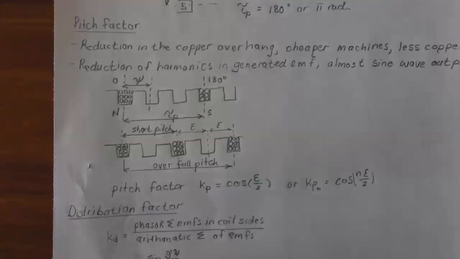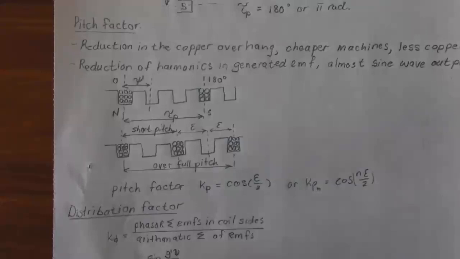And then there, as you can see, the full pitch coil is from the North Pole to the next South Pole. Now, a coil can be short pitched or over pitched. If it's short pitched, that means the coil spans less than 180 degrees by an amount of epsilon.